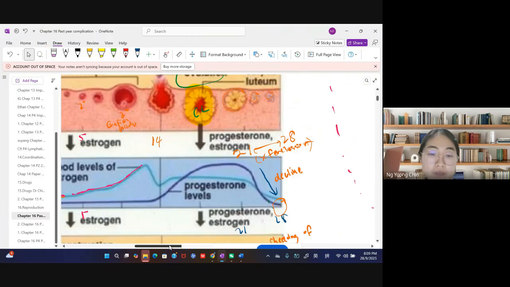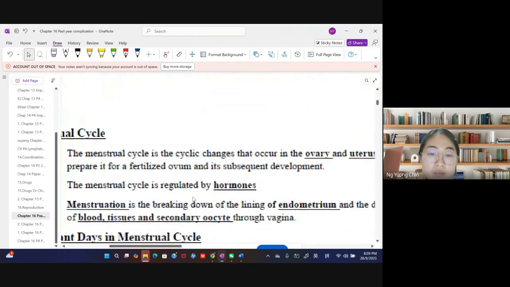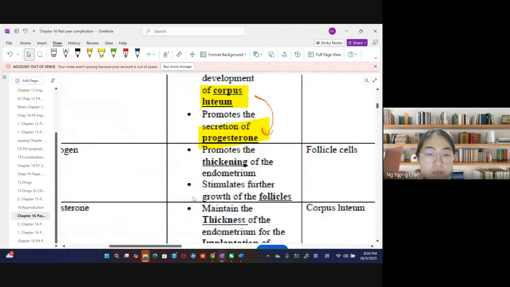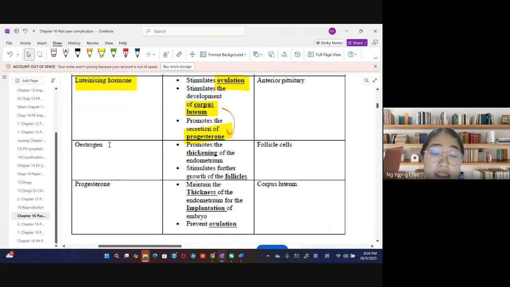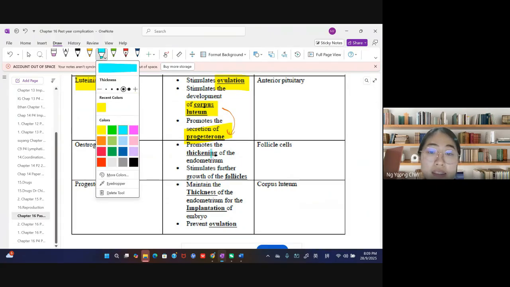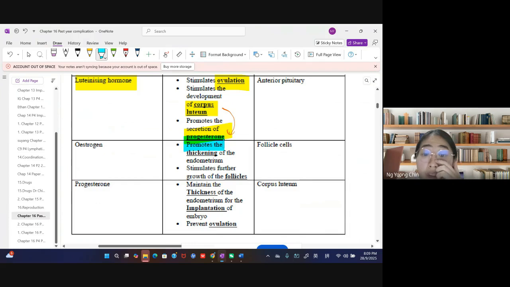So estrogen just starts the process. You can use these words: promotes the thickening of the endometrium lining, and also helps to stimulate the further growth of the follicle. Estrogen is secreted from the growing follicle cells.